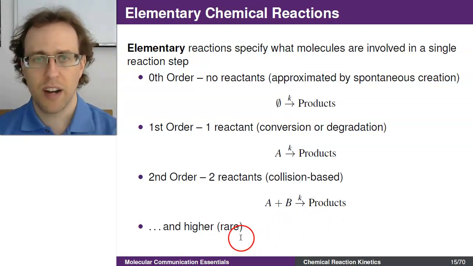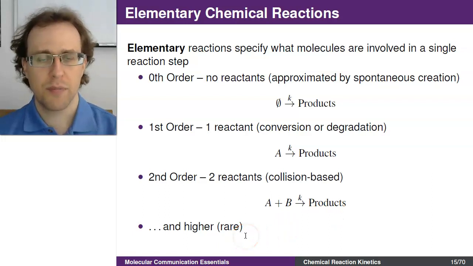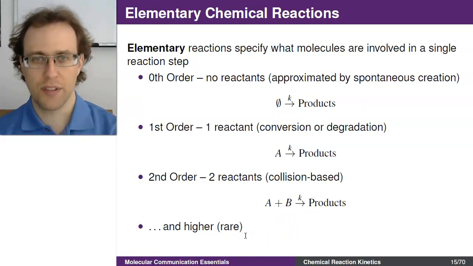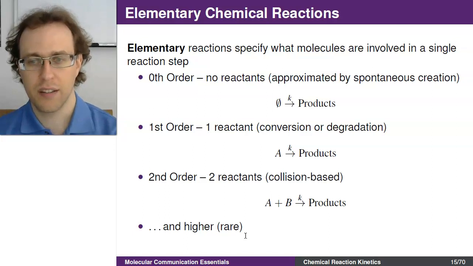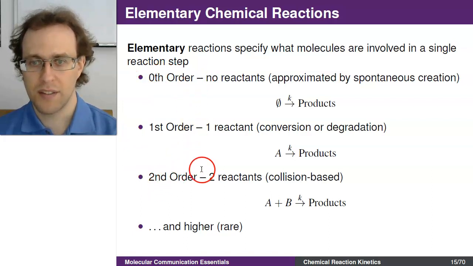It's also possible to have higher-order elementary reactions, but these are rare, since they require a higher number of molecules colliding with the correct orientations and energies in order to trigger a reaction. But you will see quite intuitively here that the labeling of the order is determined by the number of reactants in a reaction.